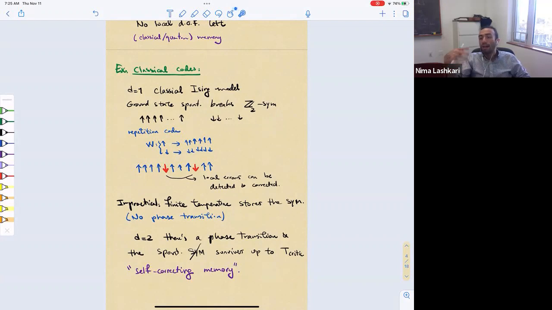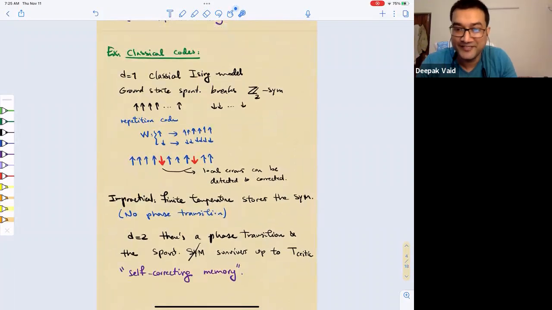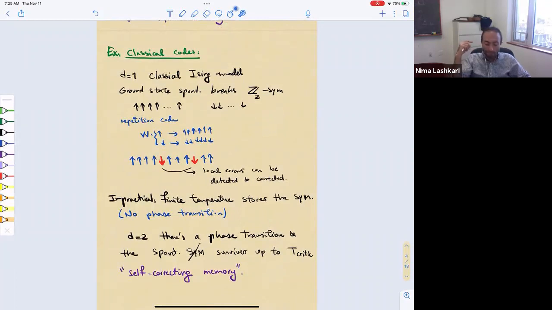At the end of the day, every error correction code is designed to protect against a class of errors, an error model. What I'm trying to say here is that in a local quantum system, as you go to low energy, uncorrelated local perturbations are noise that is naturally protected by the state given to you. There's no such thing as universal perfect error correction. Yeah.